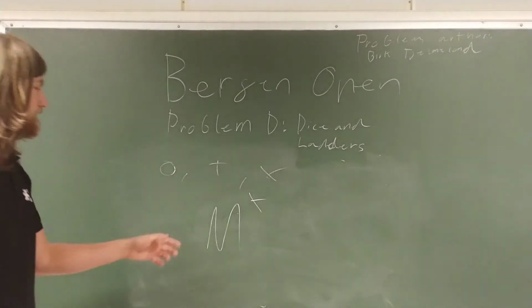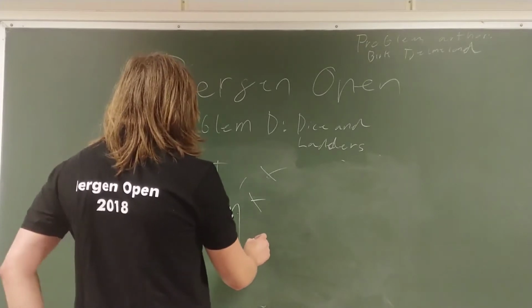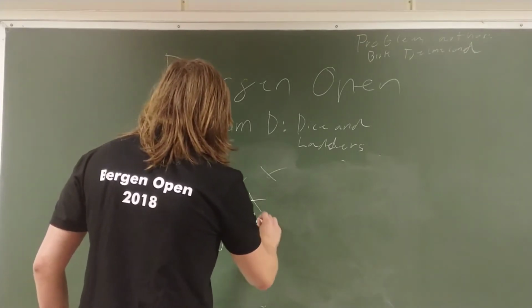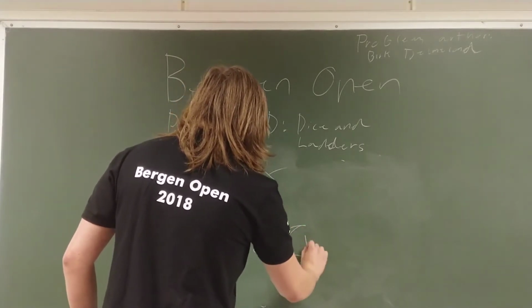So it's M to the X, and then we look at the entry from 0 to T.